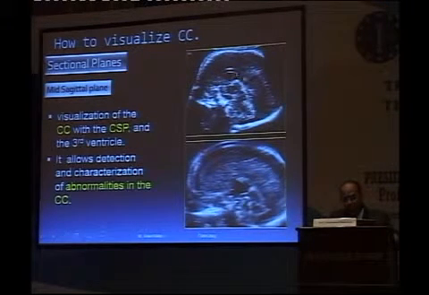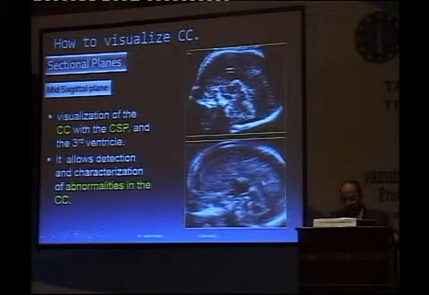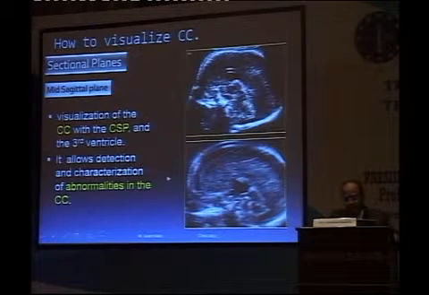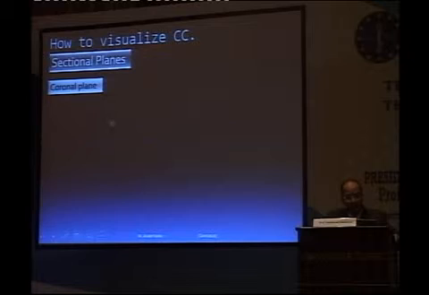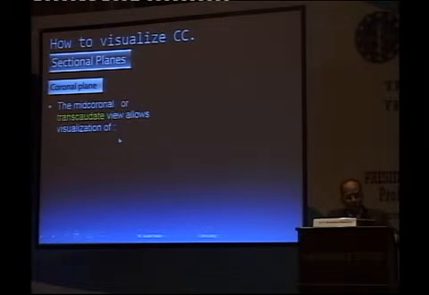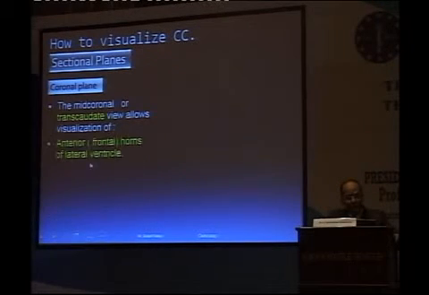This is a normal corpus callosum, and this is the mid-sagittal plane for a case of agenesis of the corpus callosum. You can see here the corpus callosum and differentiate the different parts.